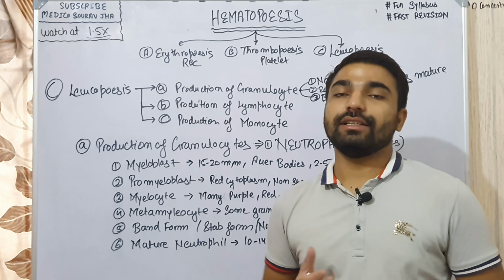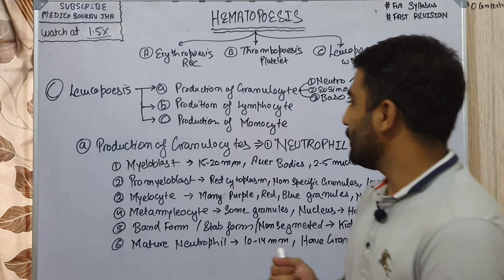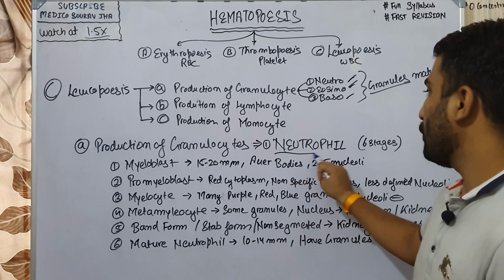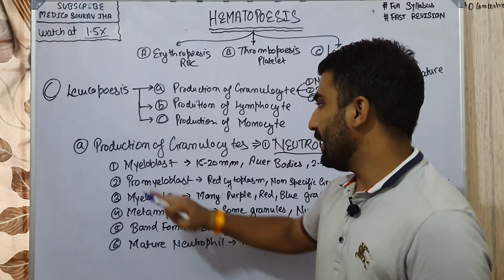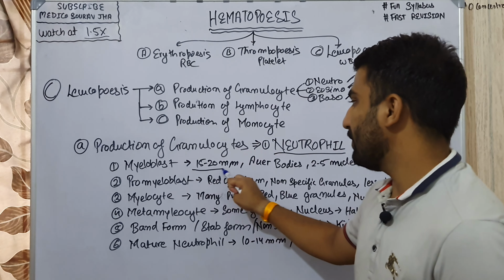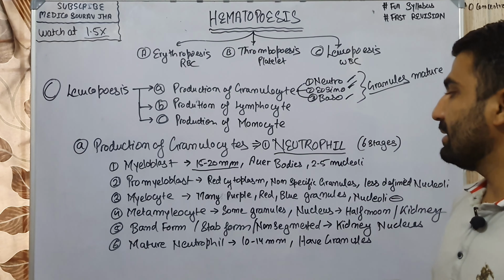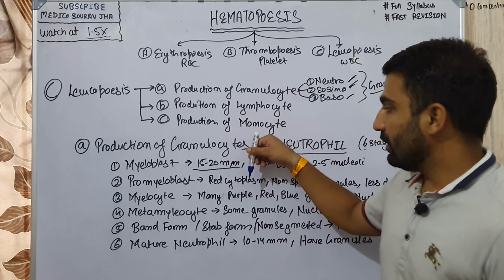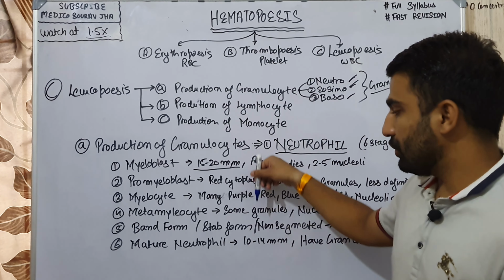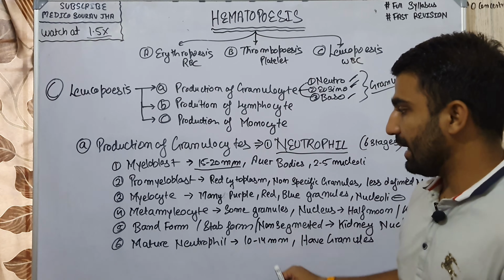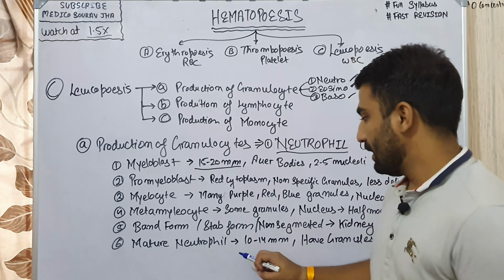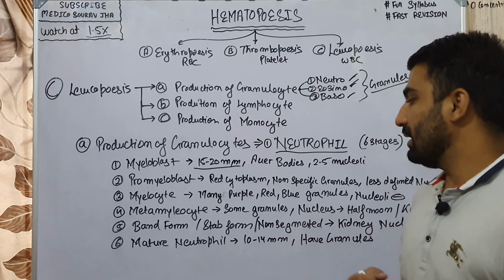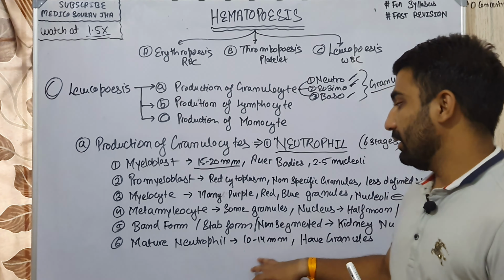Let's discuss it step by step. The first step of formation of neutrophil is myeloblast. Myeloblast is 15 to 20 mm in size. Same as in the case of RBCs, when it gets mature, the size of the cell decreases. 10 to 14 millimeters is the size of the mature cell, and the immature is way bigger than the mature.